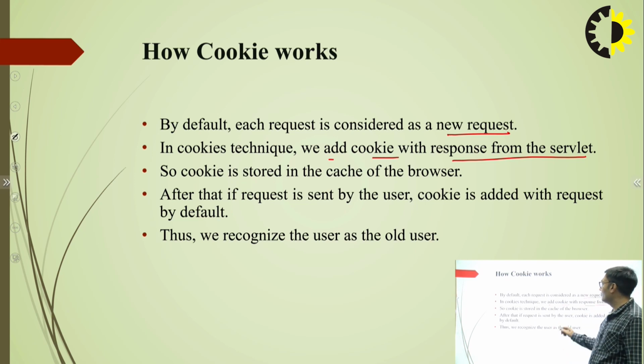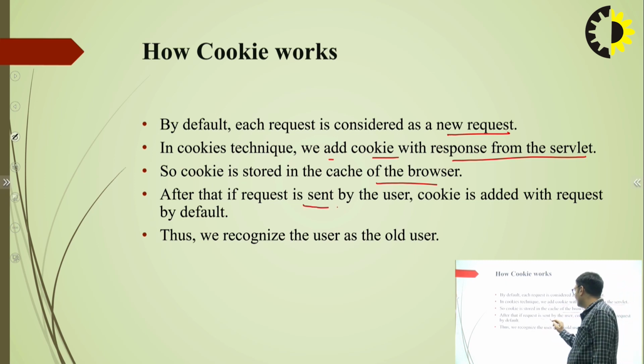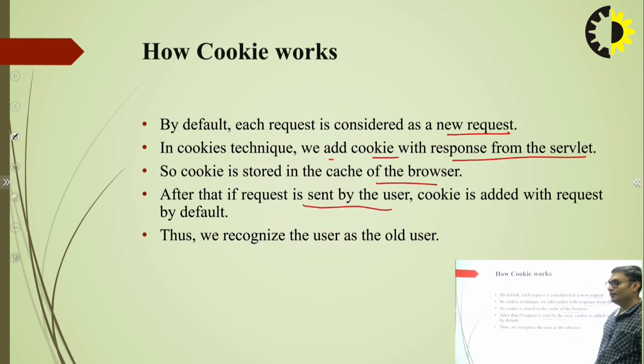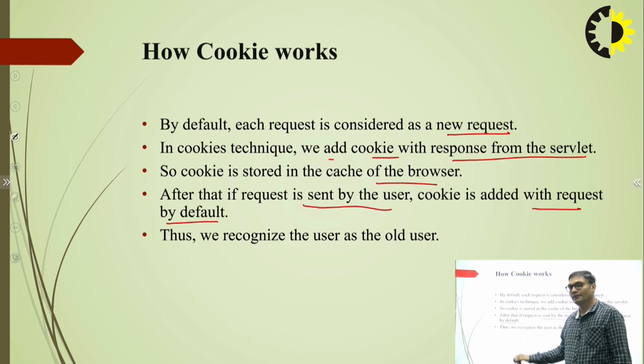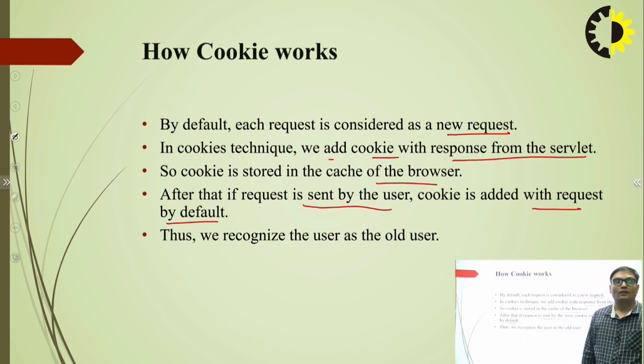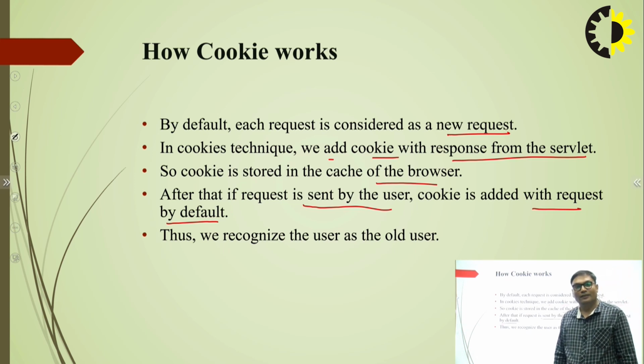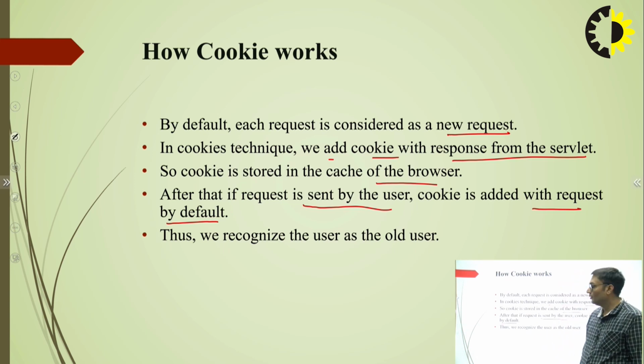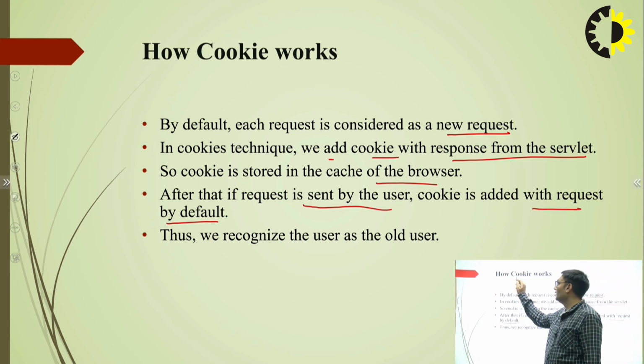So the cookie is stored in the cache of the browser, and afterwards when a request is sent, this cookie is added with the request by default, and it is saved on the client machine. So we can recognize the user, whether it is a new one or an old one, using the cookie.